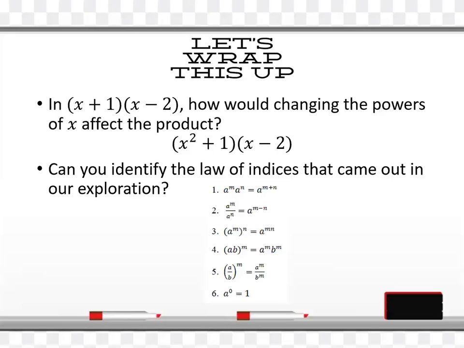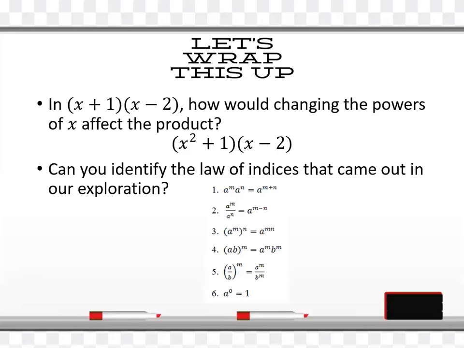So in our summary just now, we said that basically each term in the multiplier is distributed to the multiplicand. So if we distribute x squared to the multiplicand, we would have gotten x cubed, because x squared times x gives us x cubed.